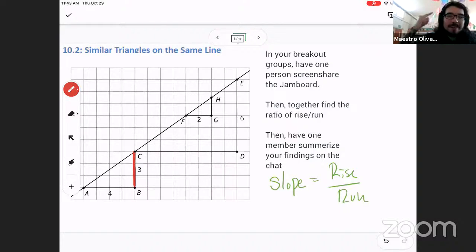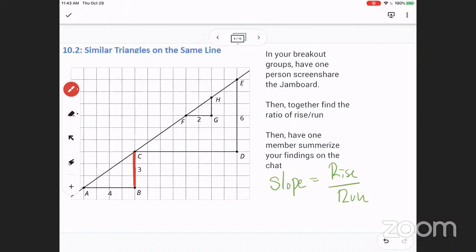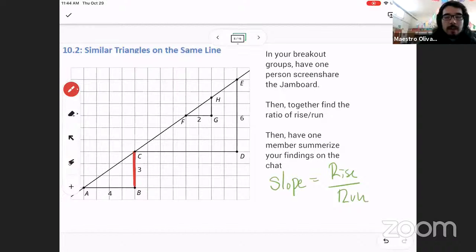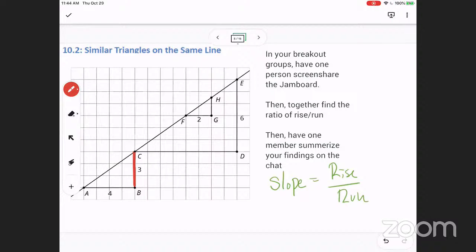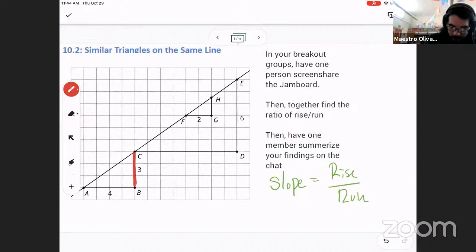Dilo, Brian. 3. ¿Por qué? Porque ahí tiene 3 cuadros y puso la línea, solo bajó 3. ¿Oíste, Yesler? Okay, so este lado mide 3. So this side is called the rise. Rise means subir, right? Está subiendo 3 bloques, cuadritos.